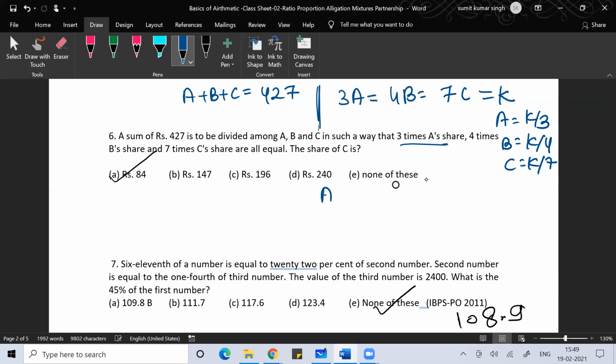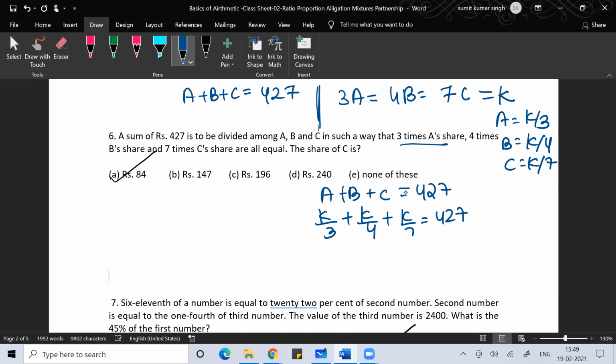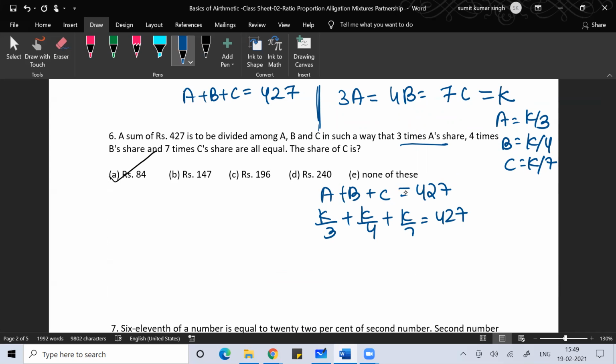So you know that A plus B plus C is 427. So I can write K by 3 plus K by 4 plus K by 7 is 427. If I take the LCM, it will be 84.